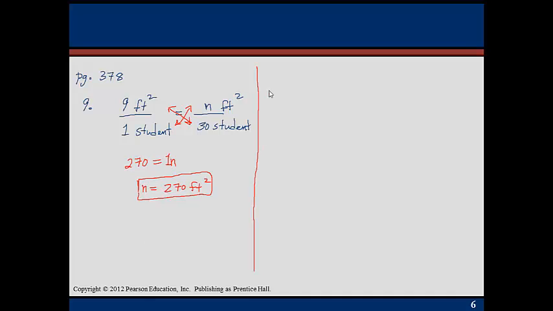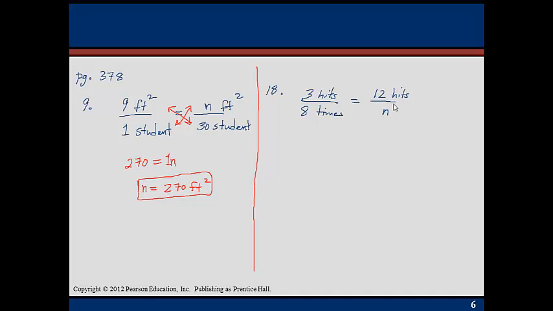Okay, let's look at number 18. It says a Cubs baseball player gets 3 hits every 8 times at bat. So 3 hits every 8 times at bat. At this rate, if he got 12 hits, find how many times he batted. So he has 12 hits. And he wants to know how many times did he bat.